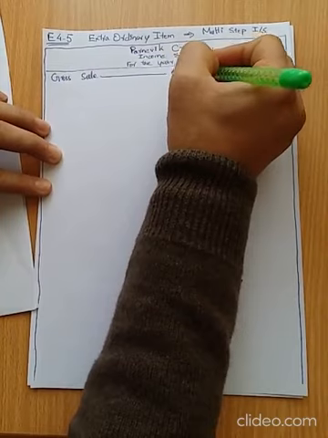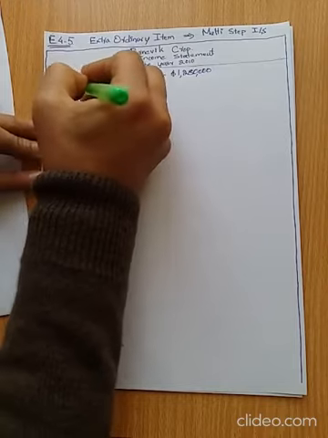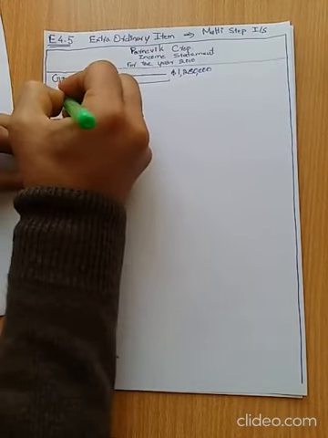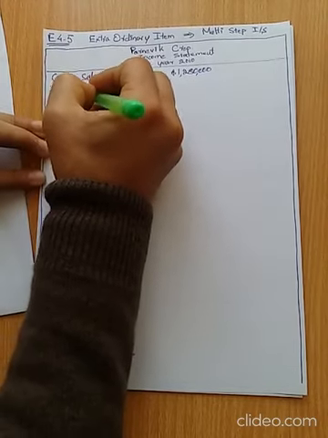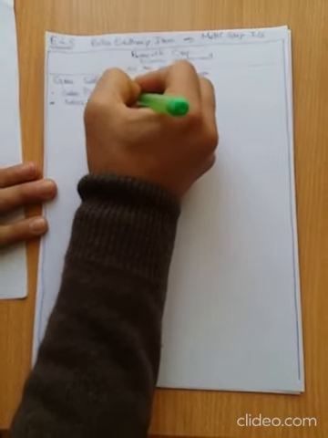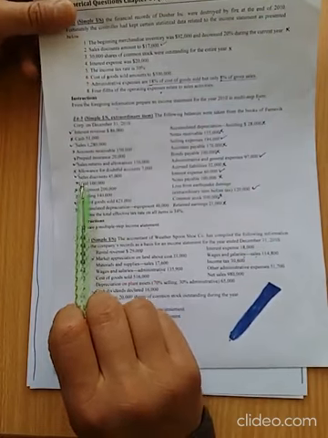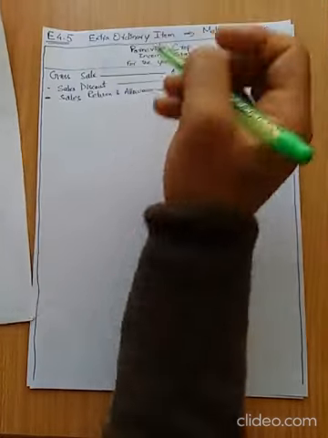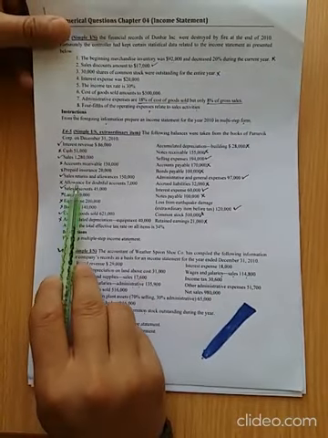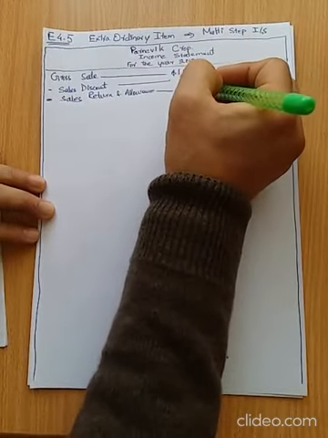$1,280,000. Now from this sales figure, obviously I'm going to subtract the discounts that I have offered, because they decrease my revenue, and I will subtract the sales return and allowances as well. We have a sales discount of $45,000, so I will subtract $45,000 sales discount, and we had a sales return of $150,000, so I will subtract $150,000 also.